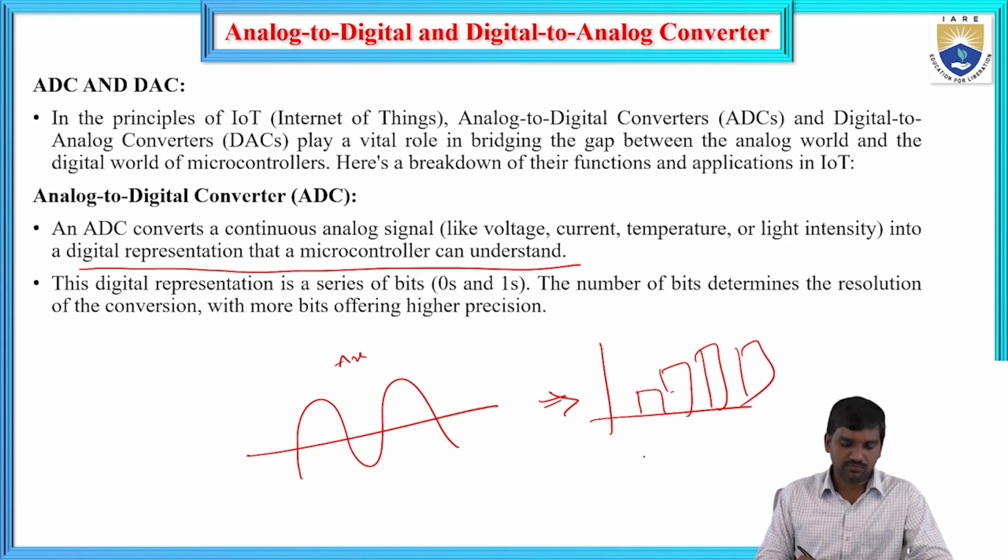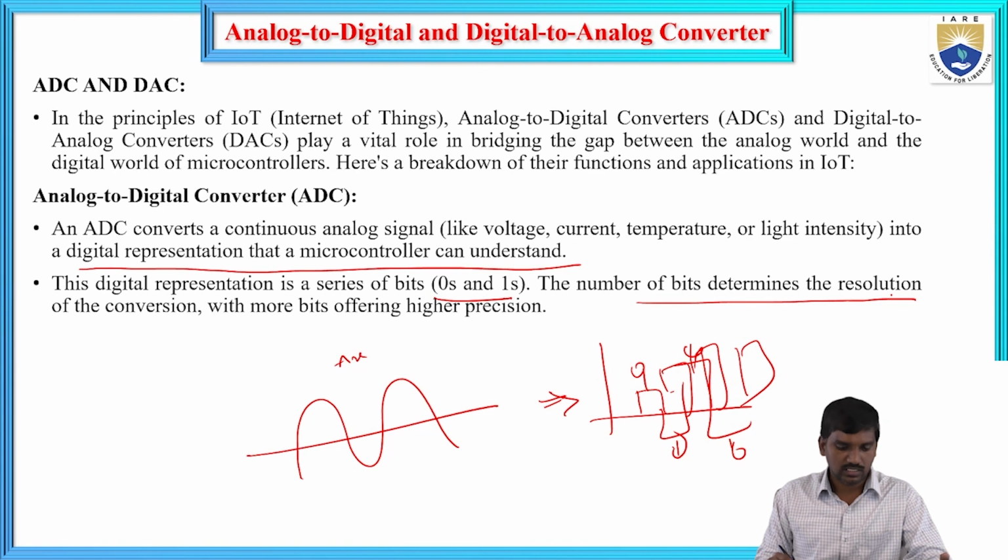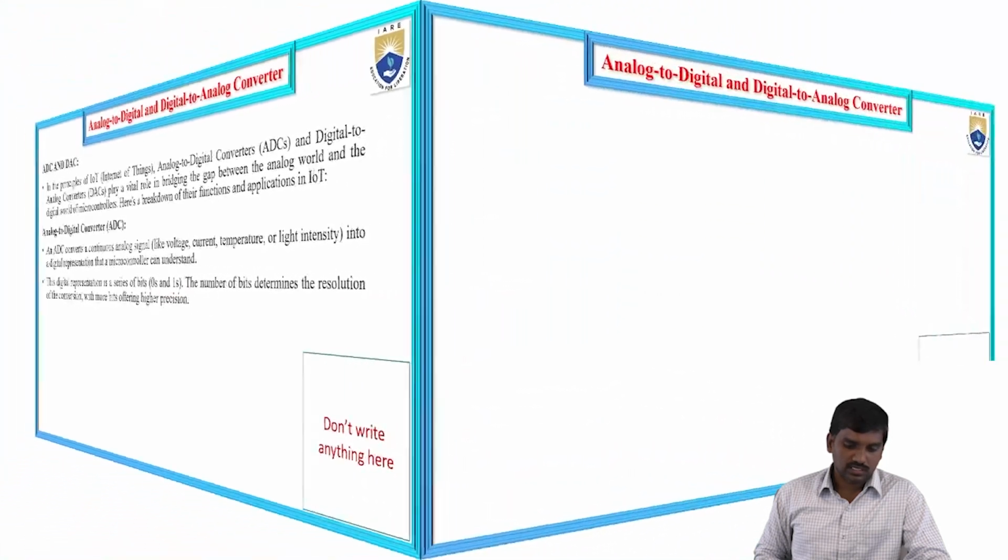The digital representation is a series of just 0s and 1s. The number of bits determines the resolution of conversion, with more bits offering higher precision. So this is the analog to digital converter.